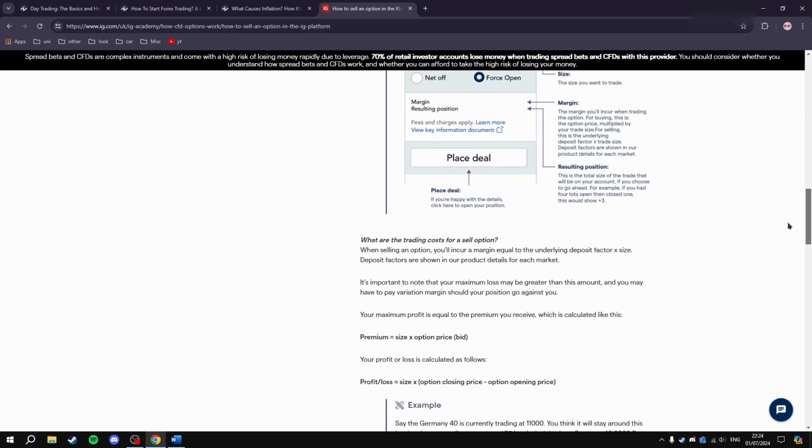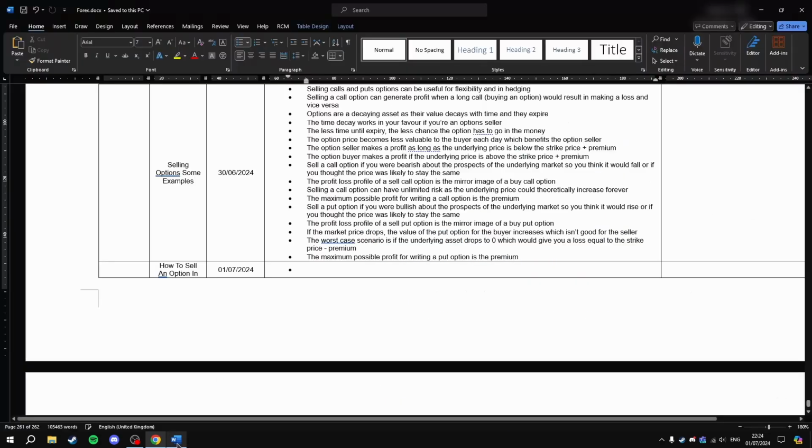Okay. So what are trading costs for a sell option? When selling an option, you'll incur a margin equal to the underlying deposit factor times by size.